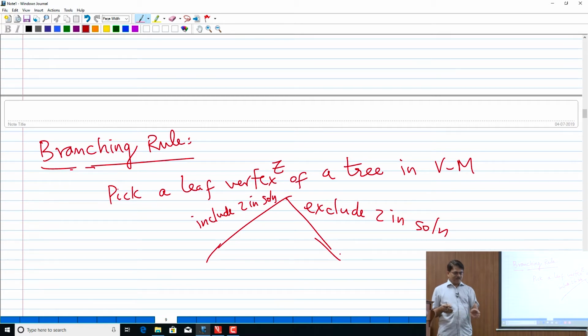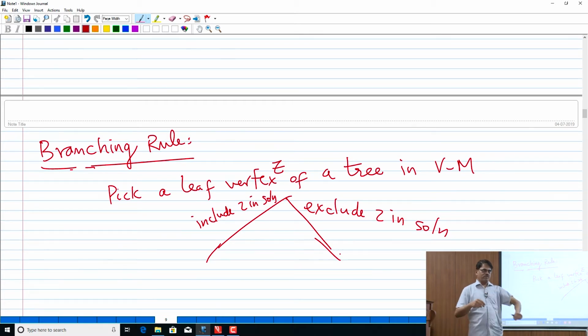Here it's easy to justify, because I pick a carefully chosen vertex and say it is in the solution or it is not in the solution. I'll do some two-way branching. You are allowed to pick only vertices from V minus M, so I pick a vertex from V minus M, not any vertex but some careful vertex.